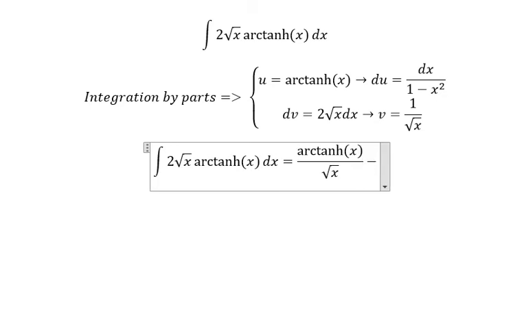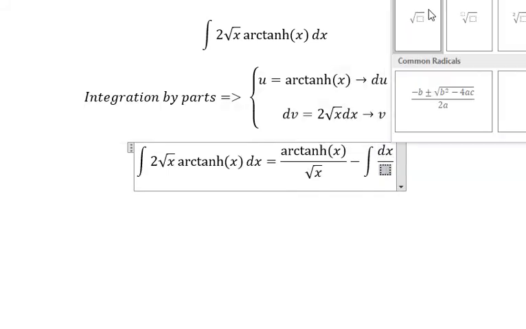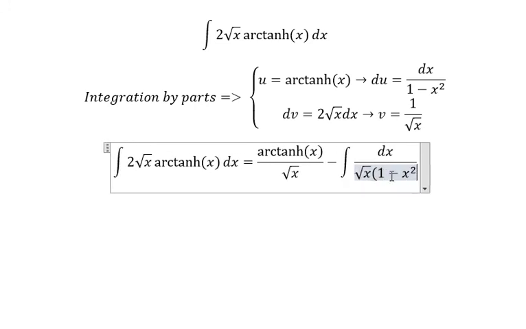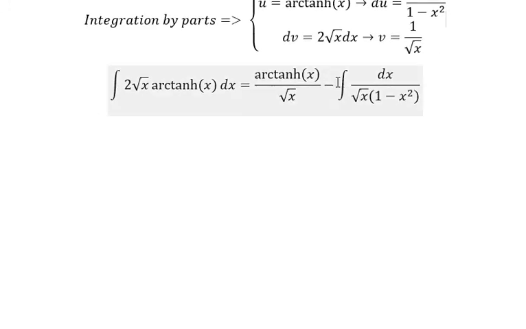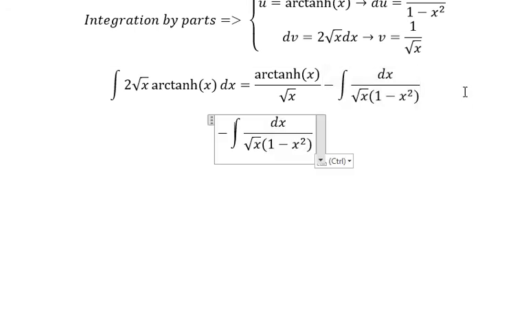And we have the negative next to the integral. Now we need to concentrate on this integral. We need to use integration by substitution.